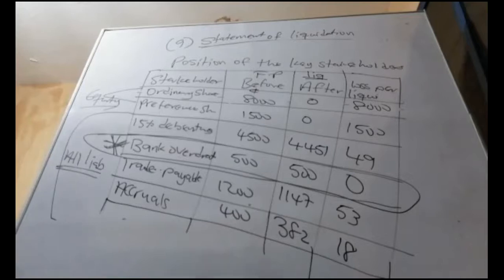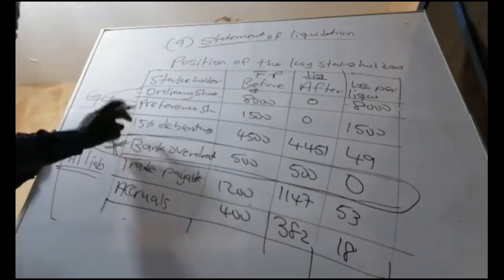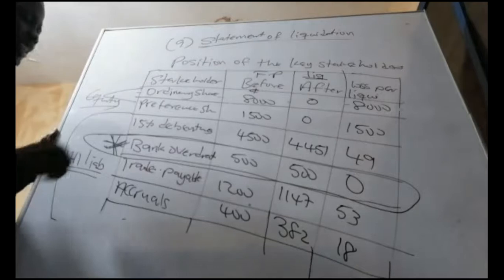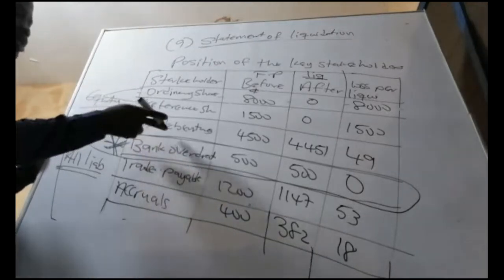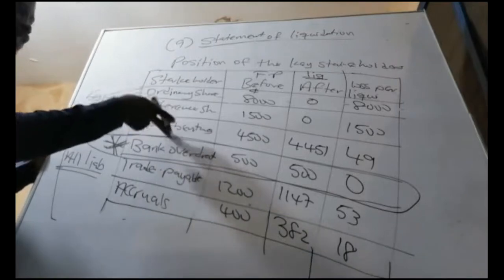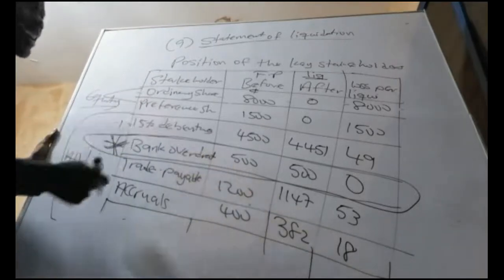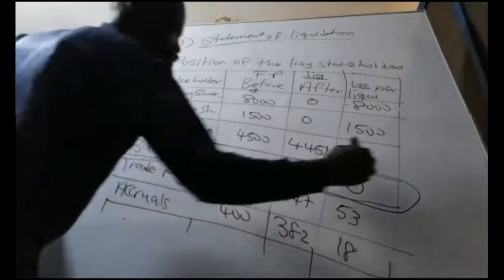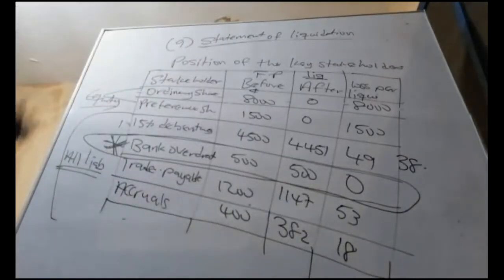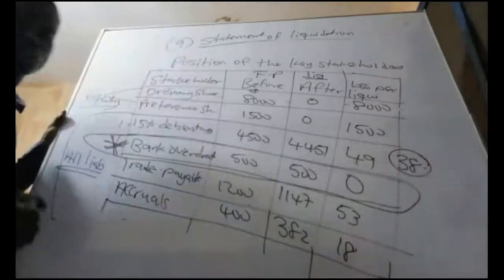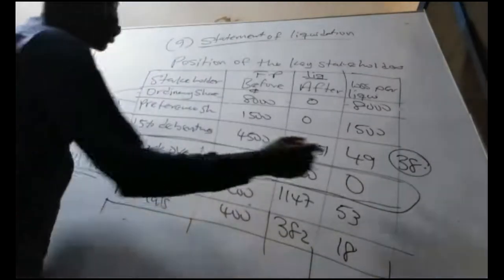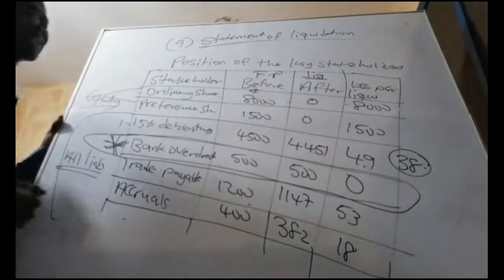Good. But what about the holders of the debenture? Assuming they have been asked to scrap off 38 of their funds, what to do? Here they should accept. Why? They should accept the 38 because upon liquidation they are losing 49.